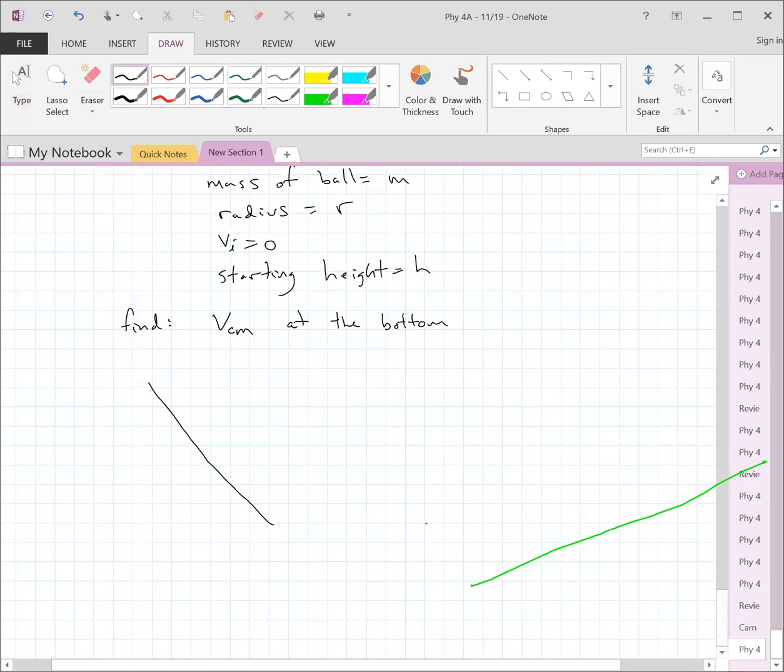We've got a straightaway. Well, I'll make the transition a little smoother than that. Something like that. And it starts here. And it's going to end up rolling down the hill. And we want to know how fast is it moving. How fast is the center of mass moving when it gets to the bottom?